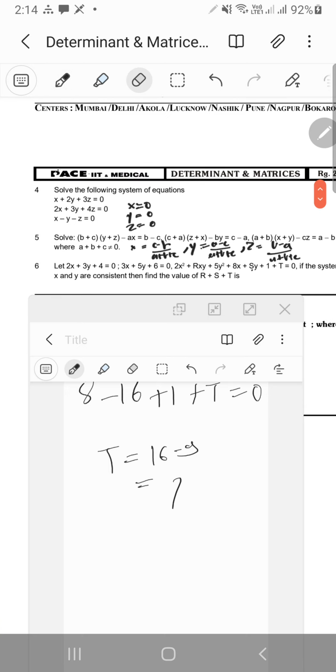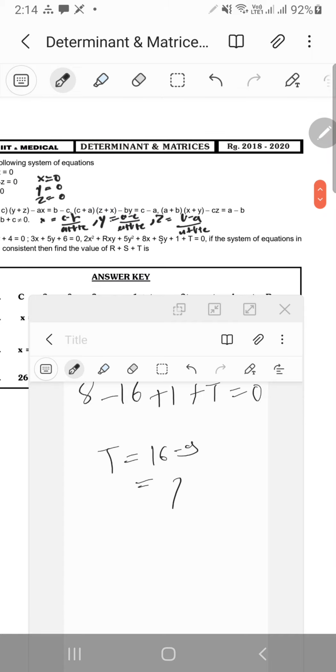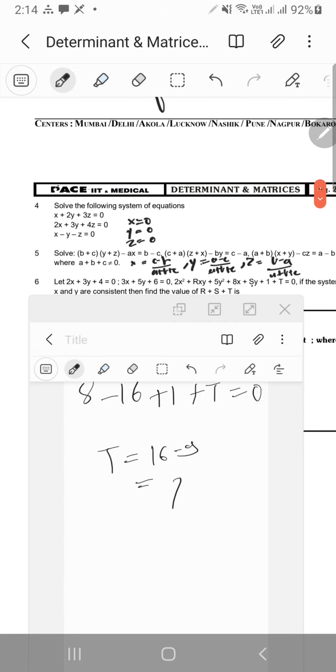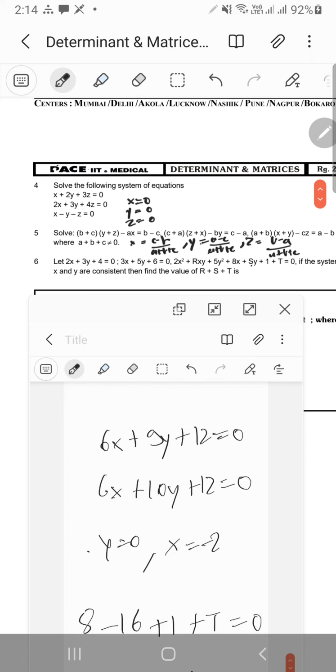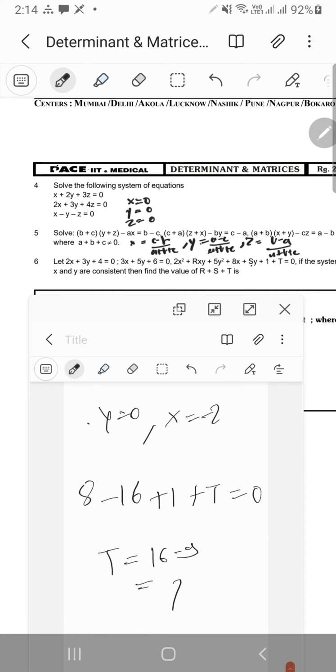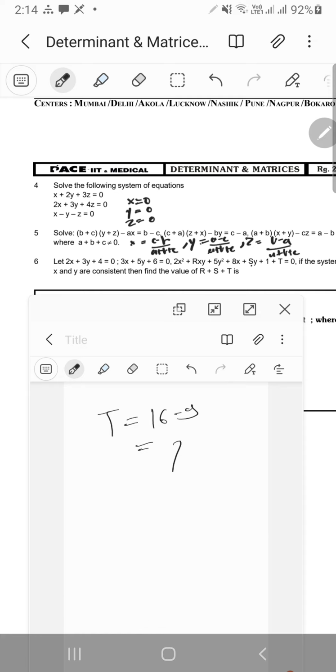The problem with this thing is that r and s, they can be anything. System are consistent. This is not correct. This is going wrong in some way. We know that y has to be 0. So that means r and s can be anything that they want to be, and it will still work.